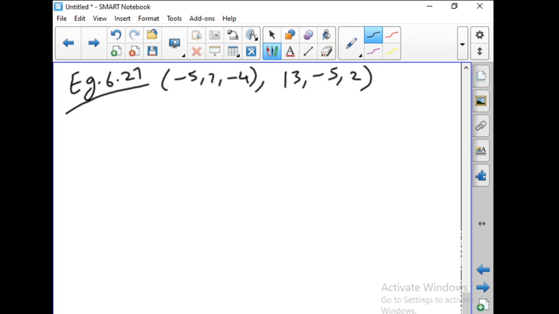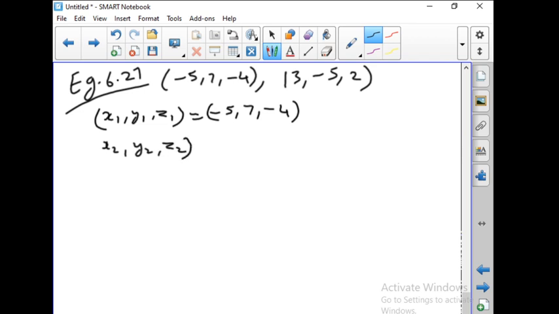Here the 2 points are given. So what about the direction ratios? x1, y1, z1 is equal to (-5, 7, -4), and x2, y2, z2 is equal to (3, -5, 2).